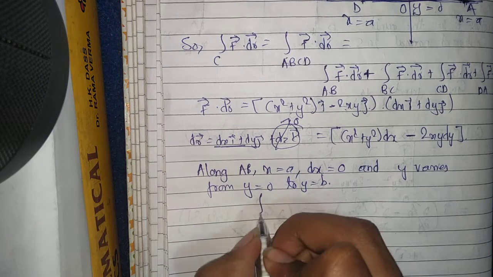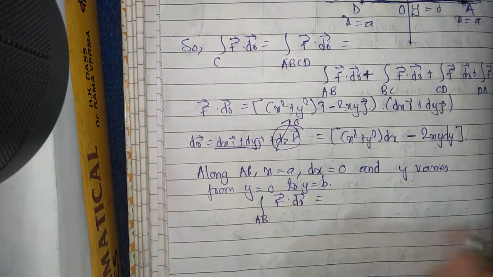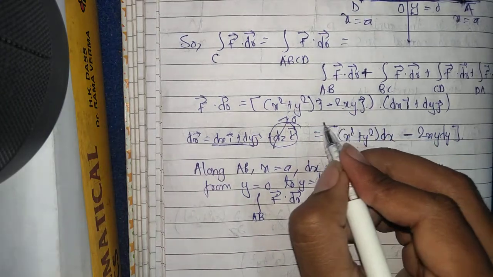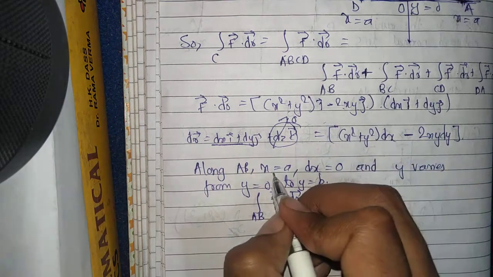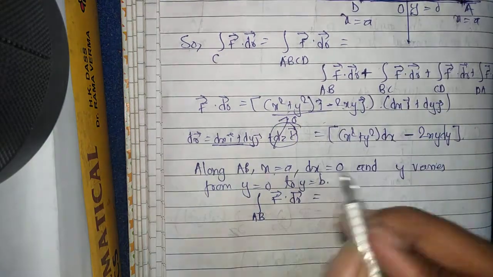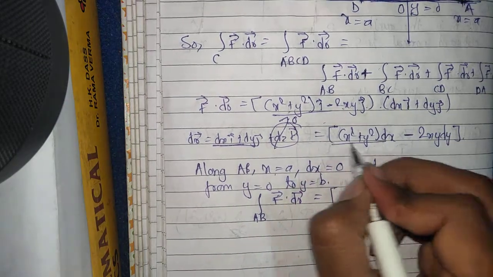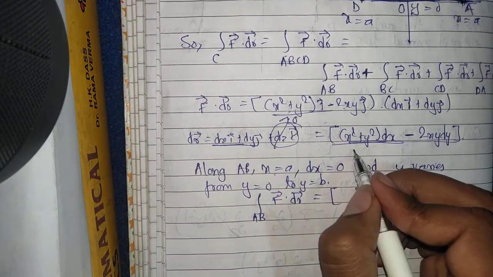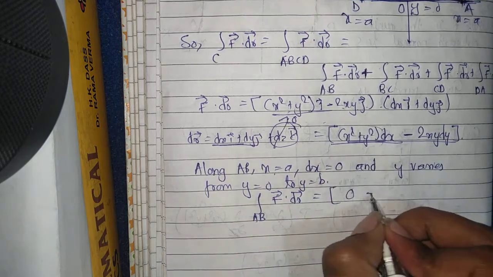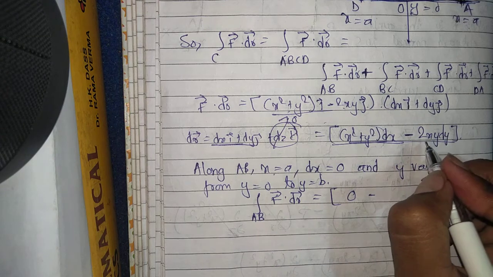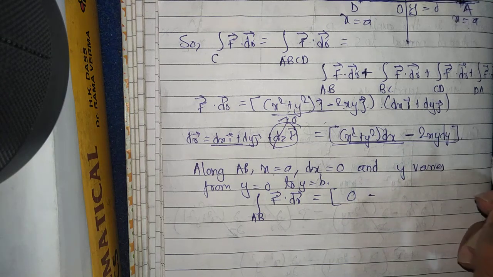So the line integral along AB of F dot dr vector equals, substituting the value of x and dx in this equation, we get x squared plus y squared times dx, and since dx is 0, this term totally becomes 0.